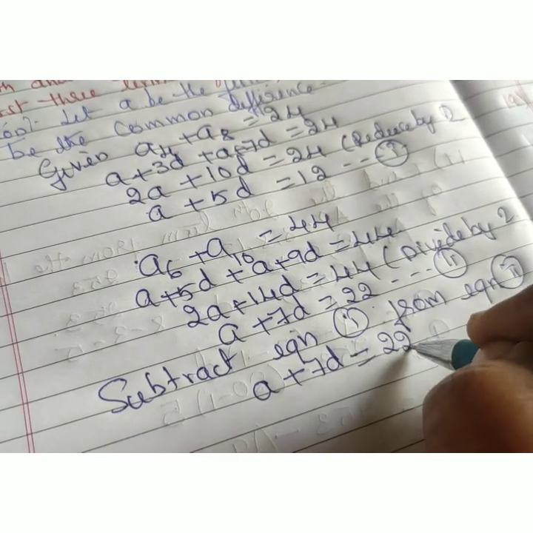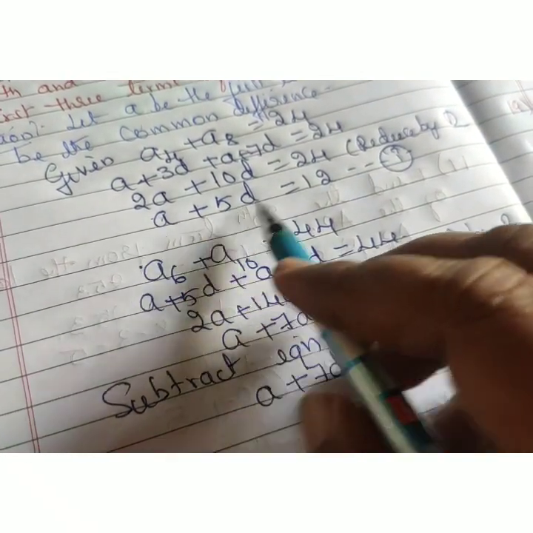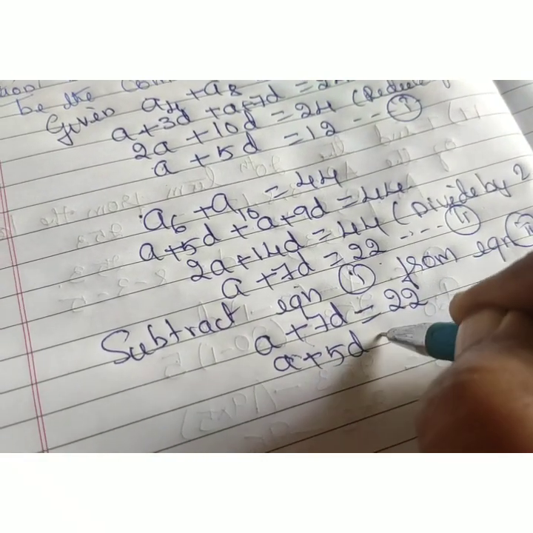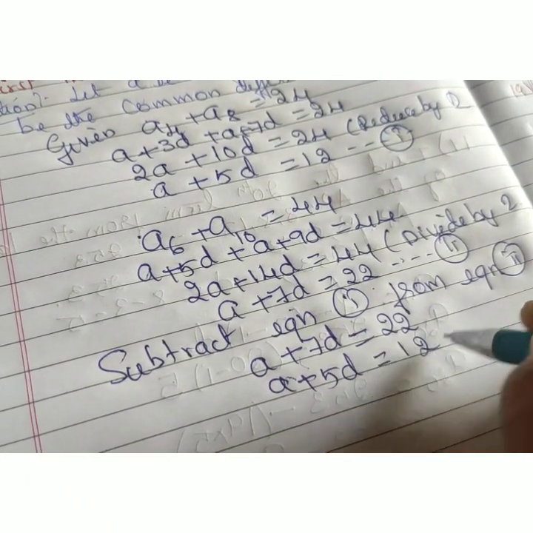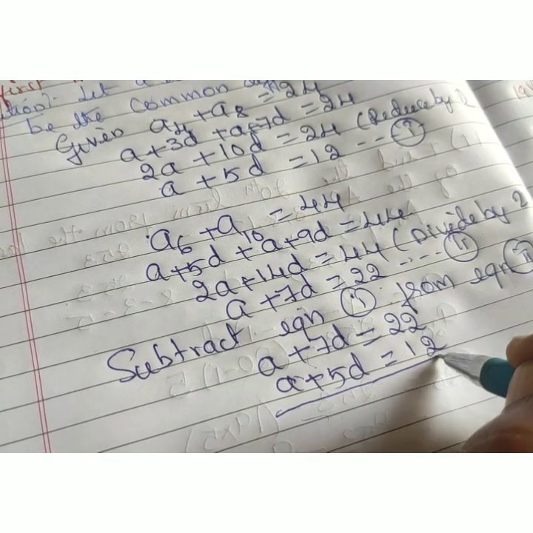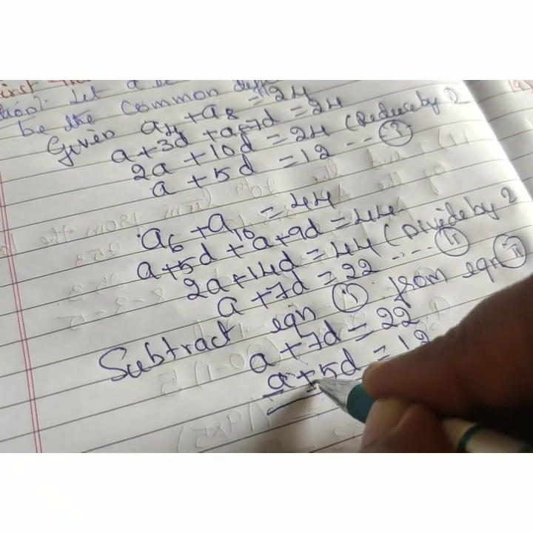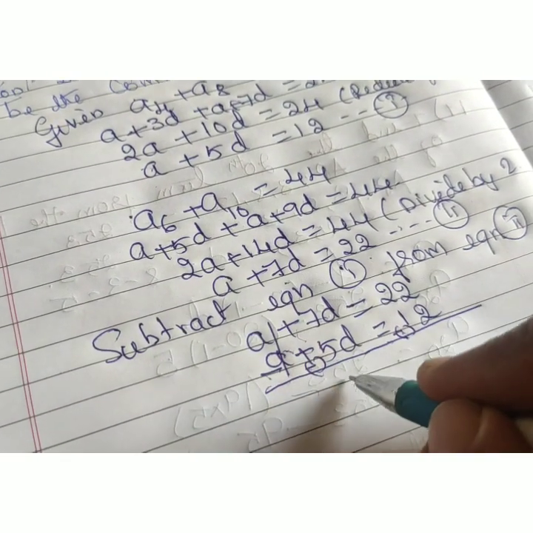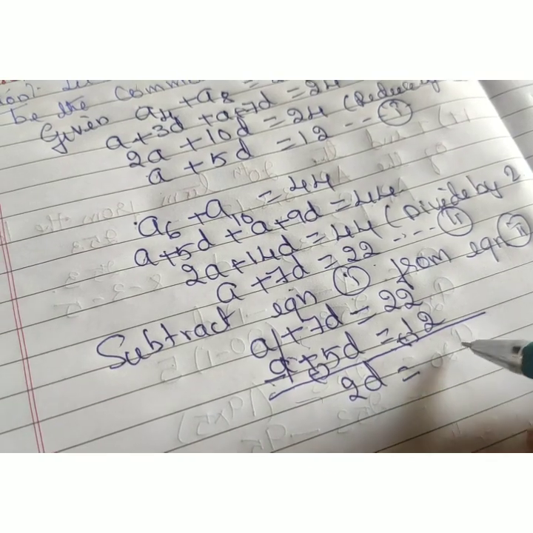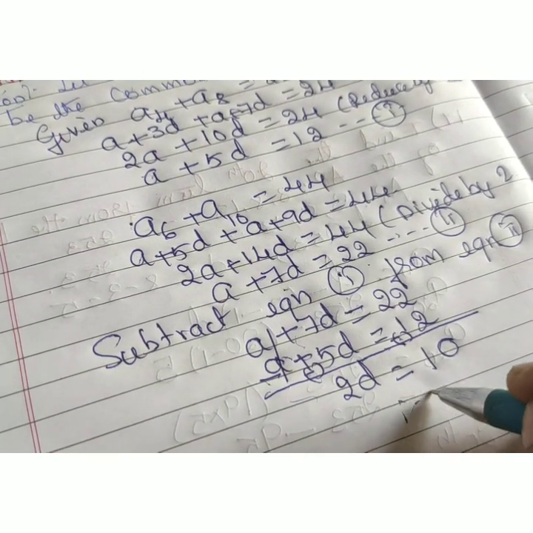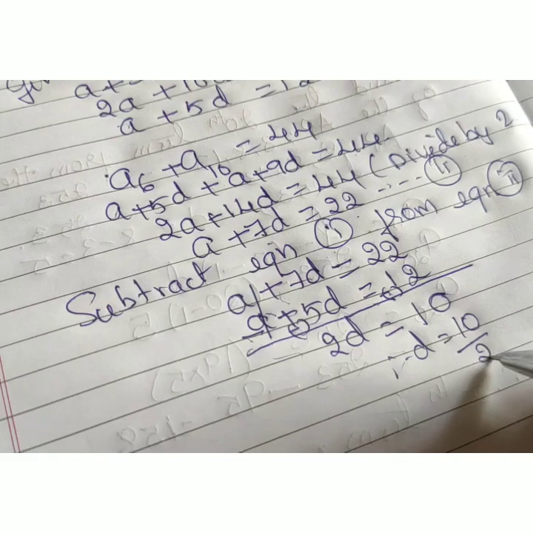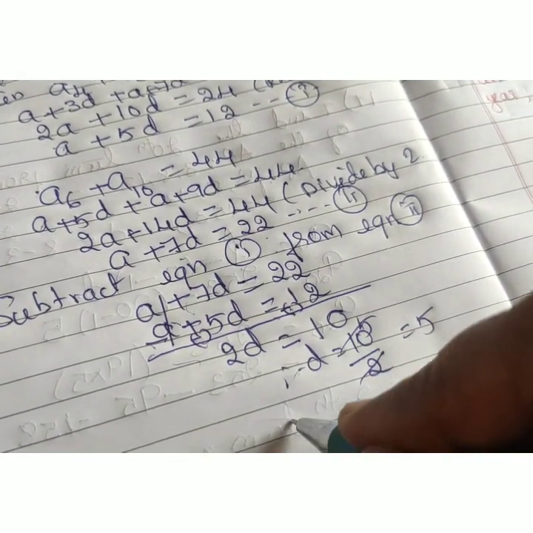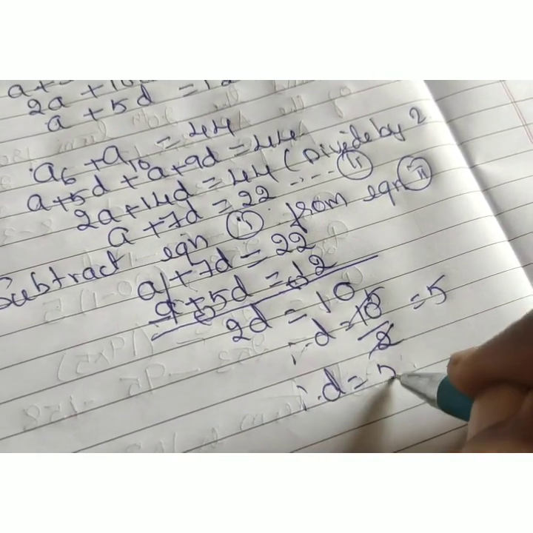Subtract A plus 5D, which is equal to 12. So subtracting is change of sign. So you cancel this, and here you have 2D is equal to 10. Therefore D is equal to 10 by 2, which is 5. Therefore you have now D is equal to 5.